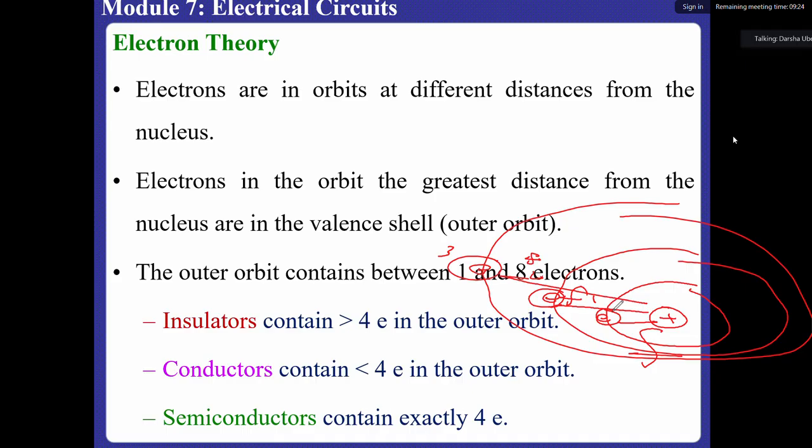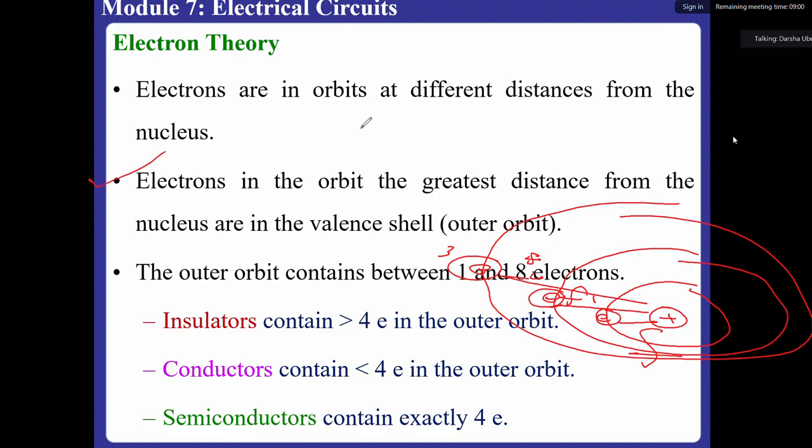If anyone needs to break your relationship with your house, it can easily be done because you are far away from your family, right? So the attraction force between the outermost electron and the nucleus is very small, so we can remove it easily.